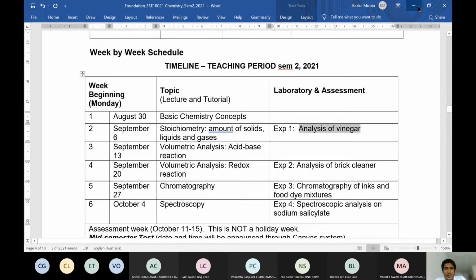Does anybody know what the vinegar is? Yes, good. So do you drink vinegar? No? Okay. No, I'm not saying that you must drink it, but sometimes we do, right?